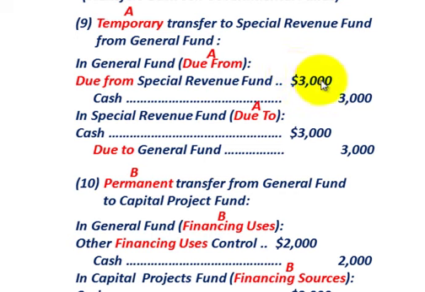In this case, it's going to be for $3,000, and then you're going to have a reduction in cash for $3,000. And we're going to look at this in T account form to understand our debits and credits. But first, let's just understand our account titles. And then for this temporary transfer in the special revenues fund, you're going to set up a due to the general fund account, and you're going to be, in this case, receiving $3,000 in cash.